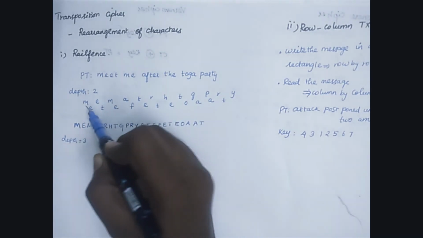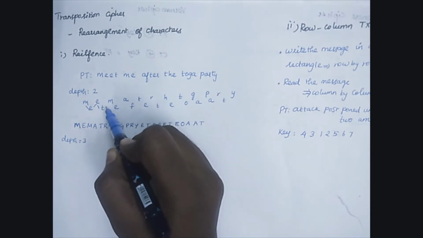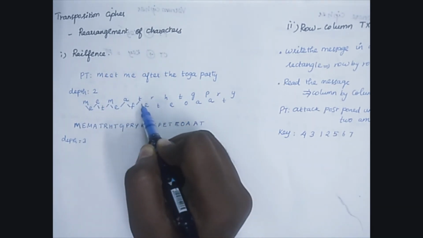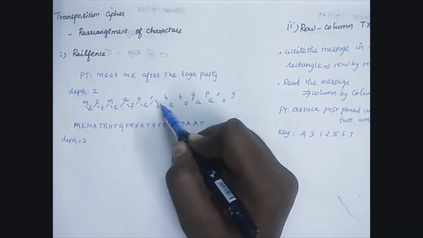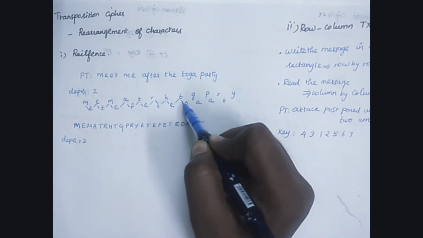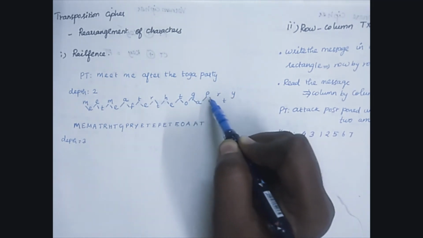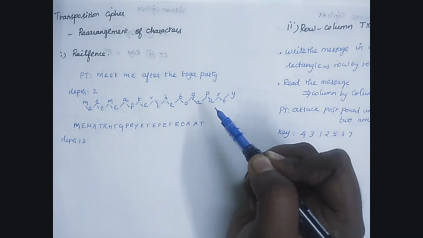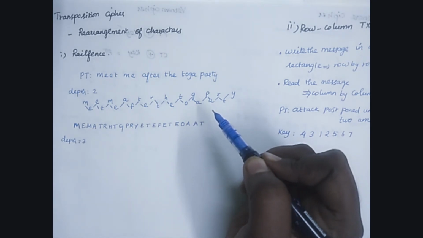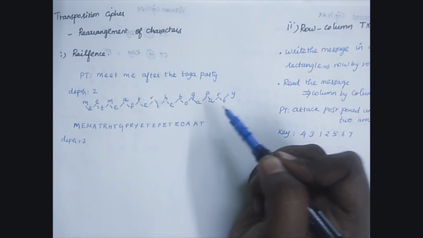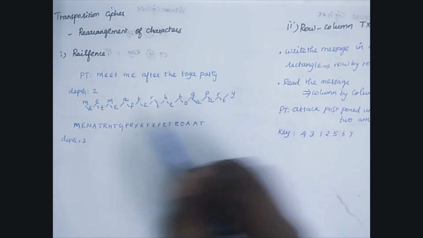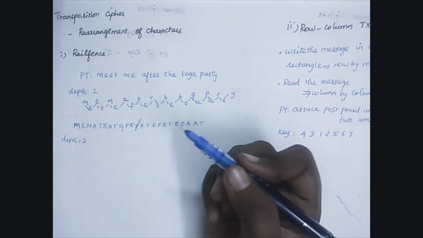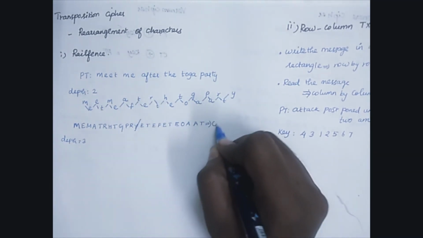So MEET ME AFTER THE TOGA PARTY. Like this, in the zigzag manner we need to write the plaintext. After that we write the characters which occurred in the first row and then the characters in the second row. This will be the ciphertext.